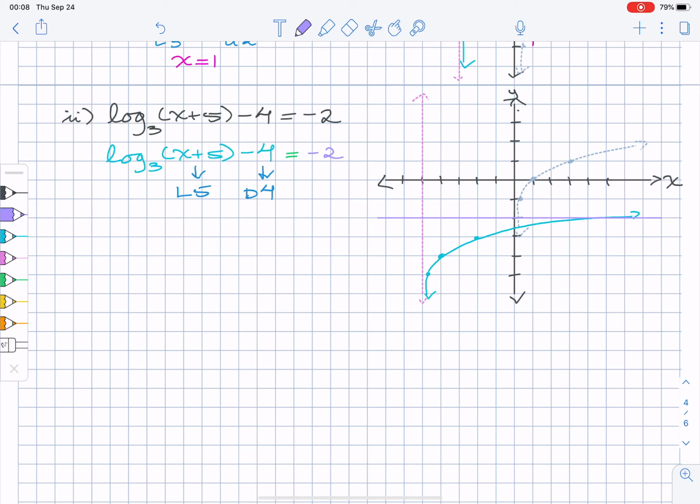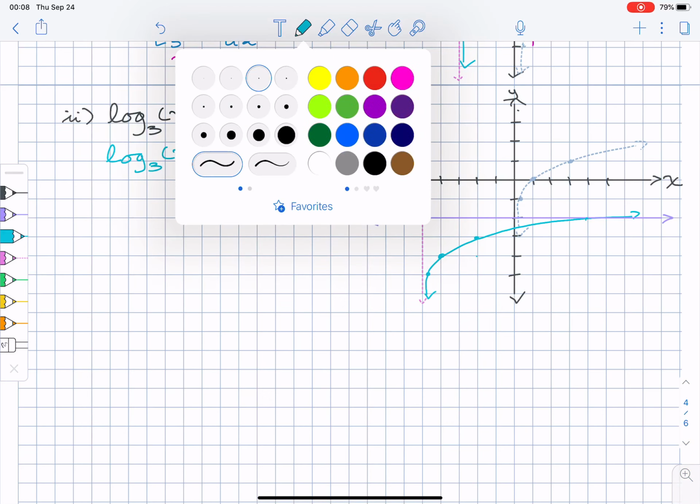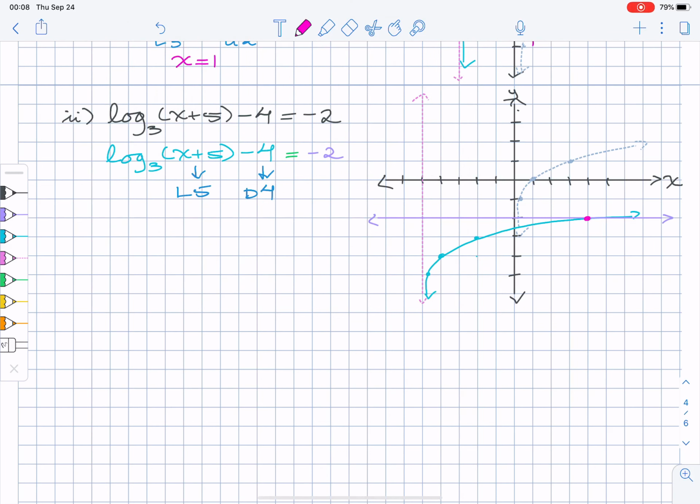Well, it does look like it's going to intersect somewhere. But where is the question? Well, if this is 1, 2, 3, 4, 5, 6, 7, 8, 9, then I should go up 2. So it actually intersects right here at x equals 4. So x equals 4 is the solution had I drawn it a bit better.